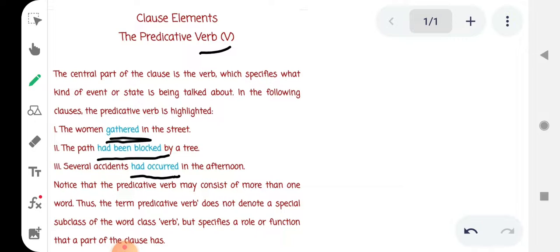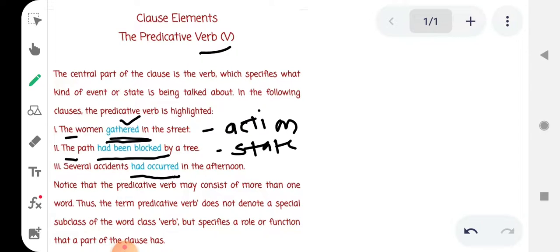Now we understood what a verb is, but the verb indicates the action or the state. In the first sentence, the verb gathered indicates the action of the women. What is the action? Action of gathering. In the second sentence, it states the condition.